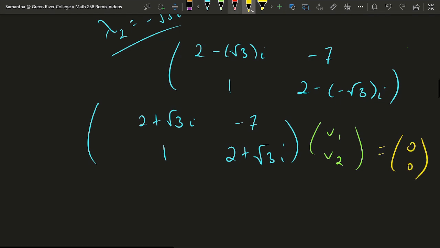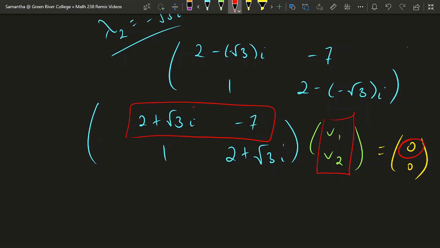As always, we're going to focus on the top row, assuming that the second one is redundant. And we find that 2 plus √3i times v1 minus 7 times v2 must be 0.